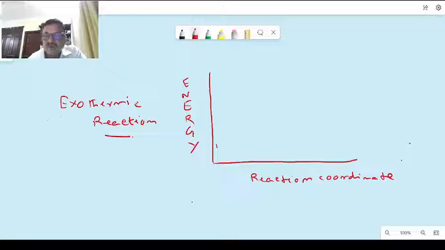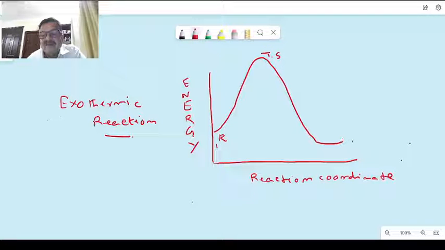In the case of an exothermic reaction, here are the reactants. The curve will have a shape of this nature. So this is our transition state, TS. Here are the reactants, and this is the product.